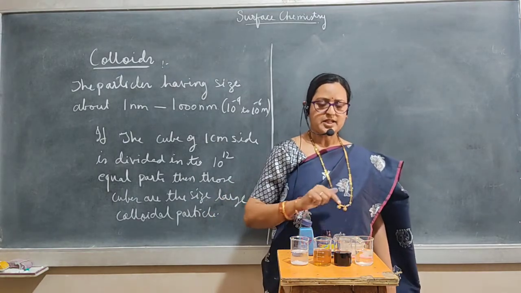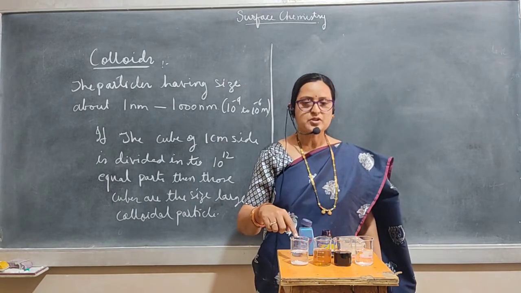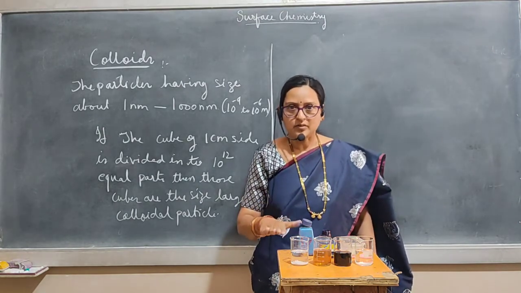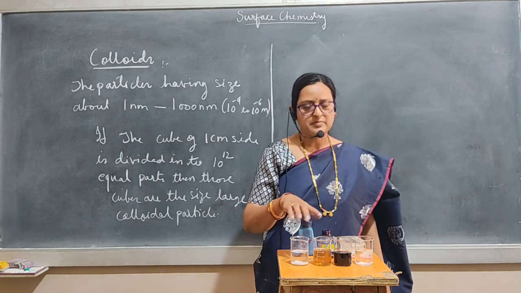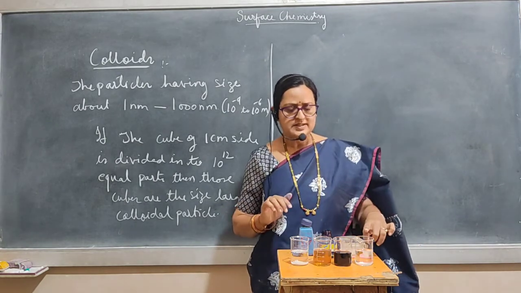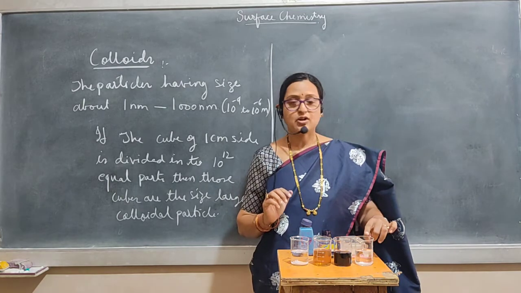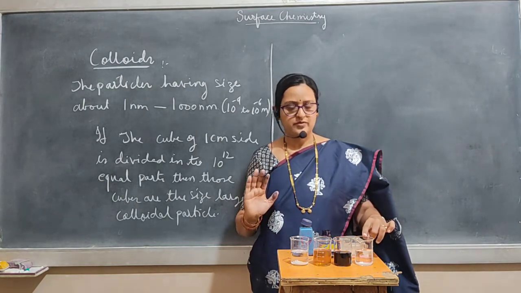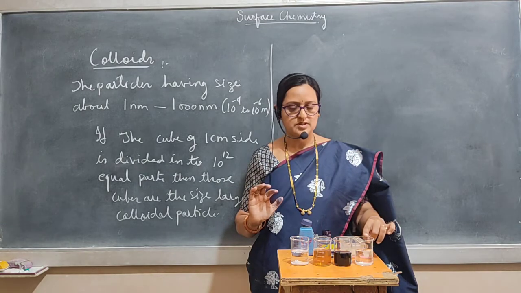After some time when you observe, the particles from the chalk powder are settled down, whereas the ink and the gum do not change color, and the particles do not settle. If I take a filtrate and filter the salt solution, I will not get any sodium ion from this. Such kinds of solutions are called true solutions.